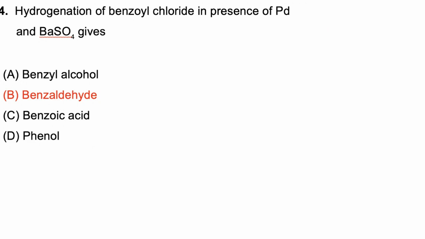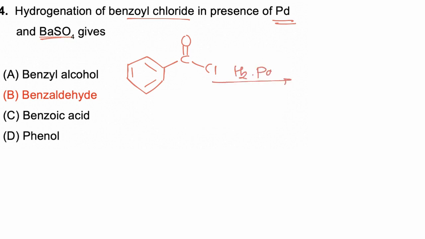In this question we have to find what product is formed when benzoyl chloride is hydrogenated in presence of palladium and barium sulfate. So when benzoyl chloride, PhCOCl, is treated with hydrogen and palladium in presence of barium sulfate.